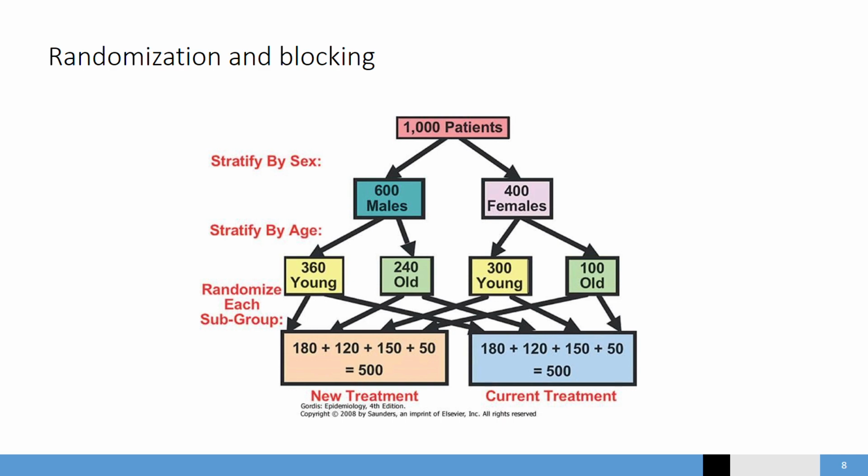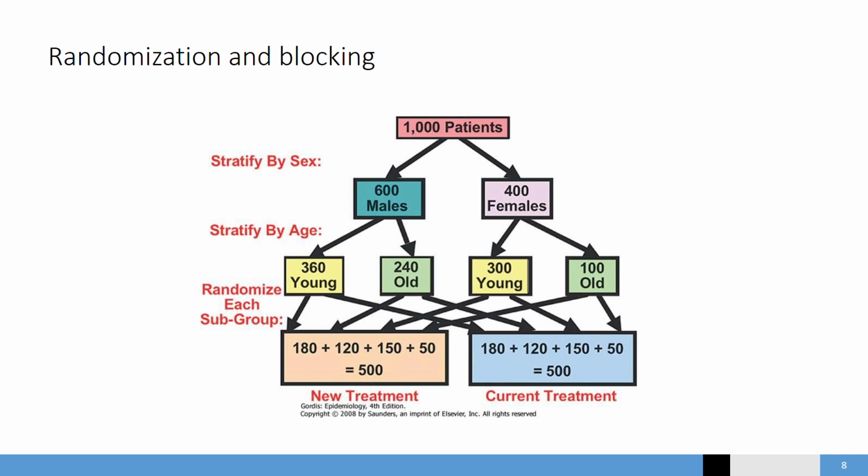If part of the fluctuations are caused by sex and age, then you will be able to take away all these fluctuations caused by these two factors, and then you will compare your treatment only to the remaining part that you are unable to explain.